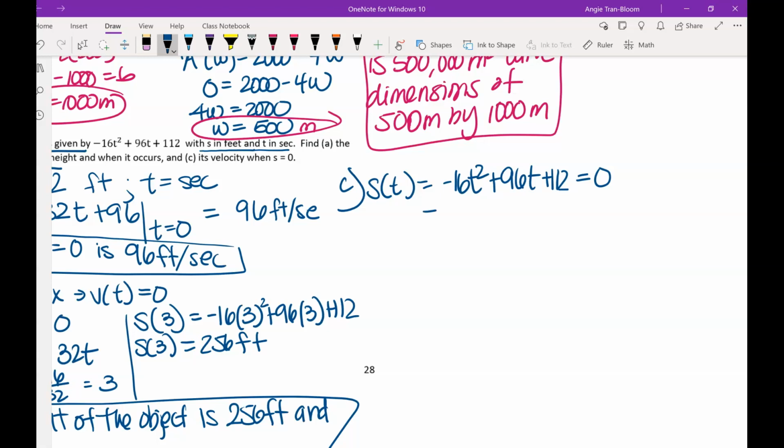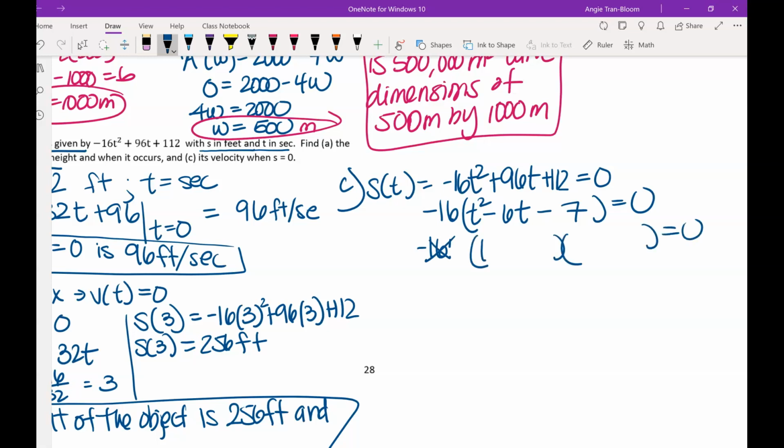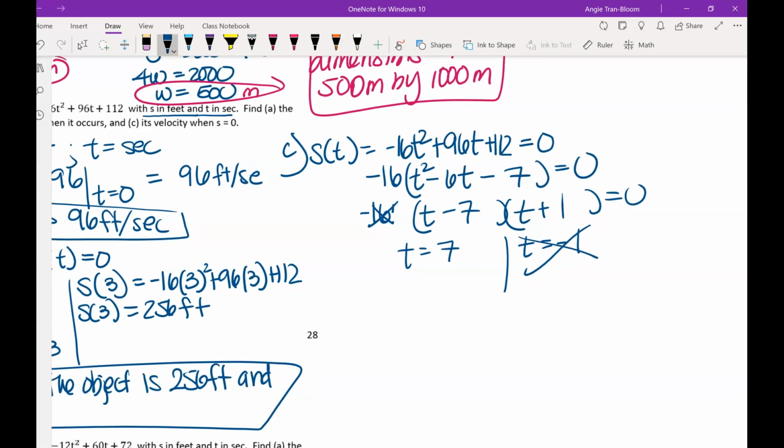Looks like I can take out a negative 16, okay? If that's the case, this is now positive, this is now negative 6t, this is now also negative. Negative 16 equals 0 doesn't make sense, so I'm going to factor these out. This is t minus 7, t plus 1. So t equals 7 and t equals negative 1. Well, the negative 1 for time, that's not going to make sense. So the position is 0, meaning that this is now when it landed.